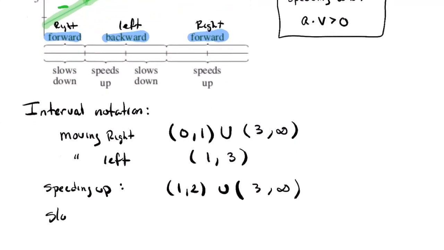When is it slowing down? It was slowing down from 0 to 1, and then again from 2 to 3. And notice in all cases, I'm using open intervals because if I'm talking about something moving right or left, speeding up or slowing down, you can't do that at a point in time. So I'll never use hard brackets on answers to questions like this.